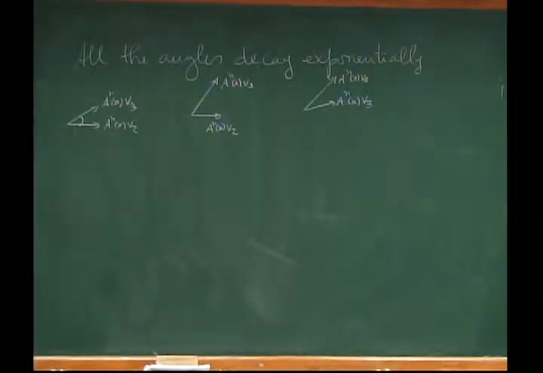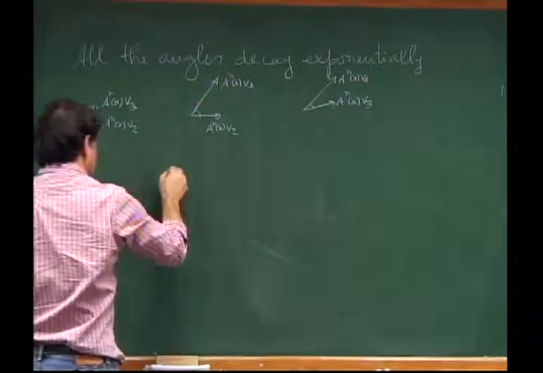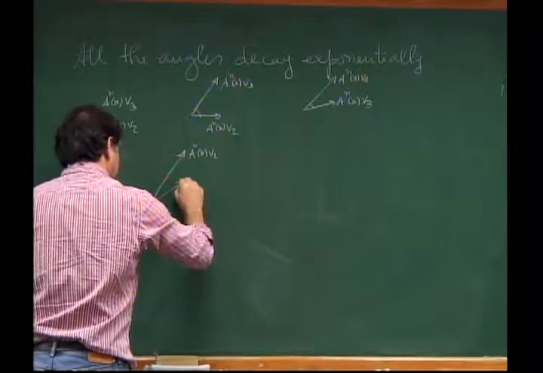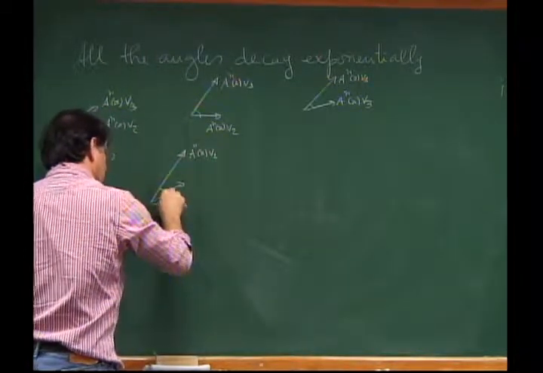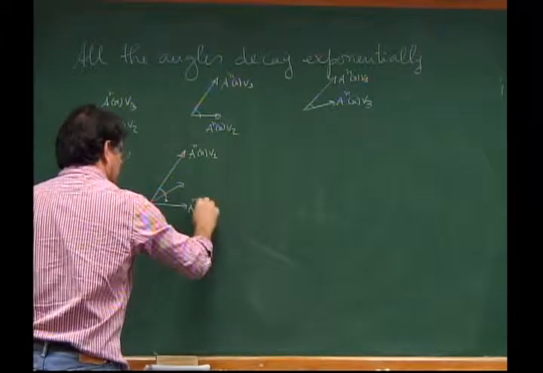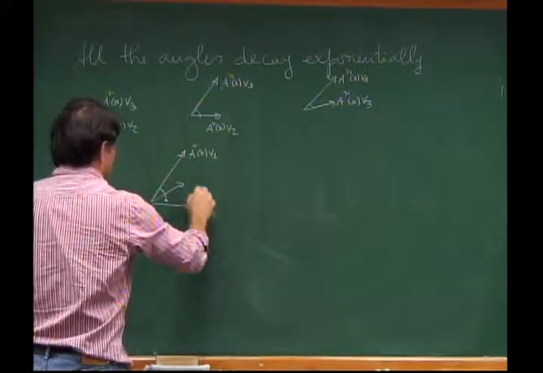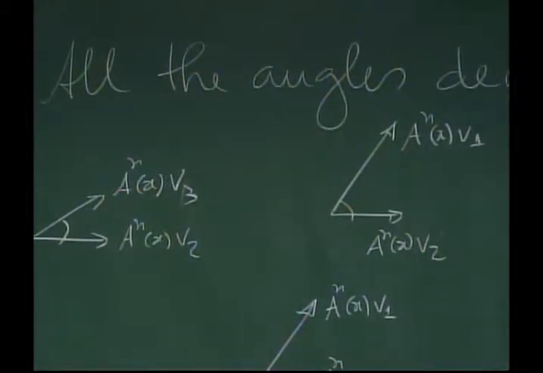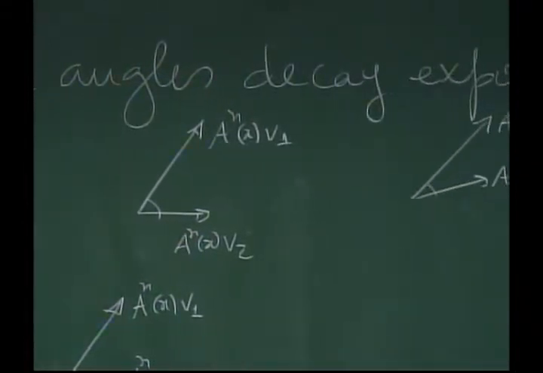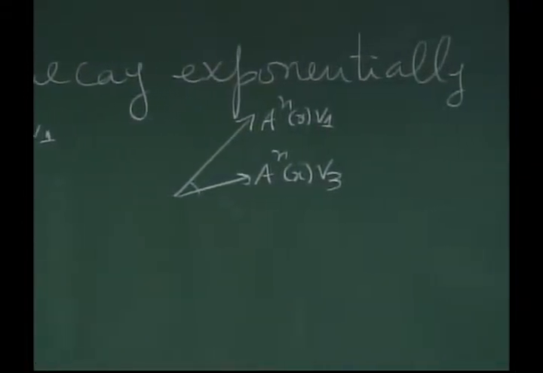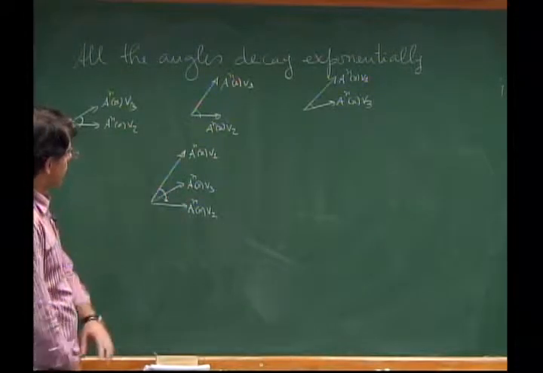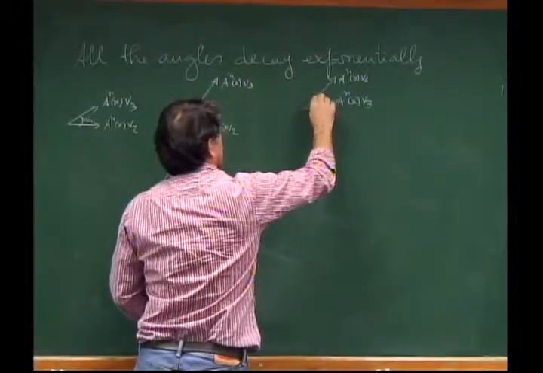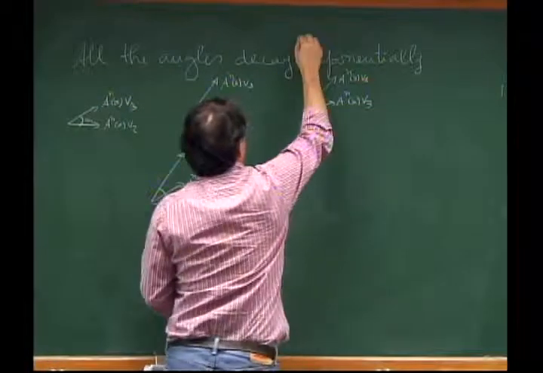For instance, the angle between A^n x v1 and the plane defined by A^n x v2 and A^n x v3. Not only between vectors, but also between any pair of subspaces spanned by these vectors. All these angles decay sub-exponentially.